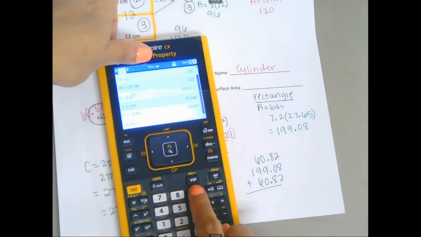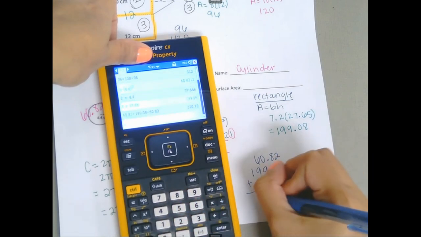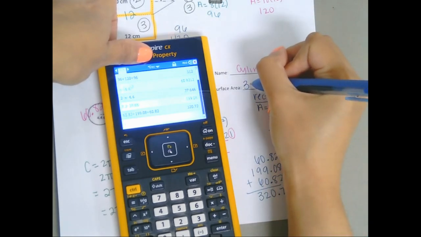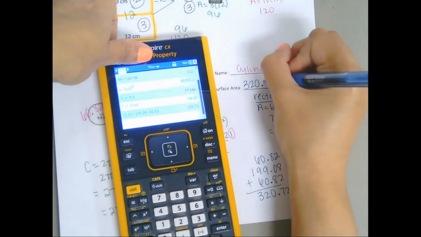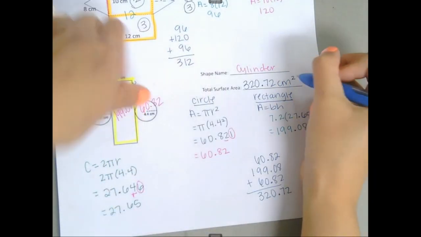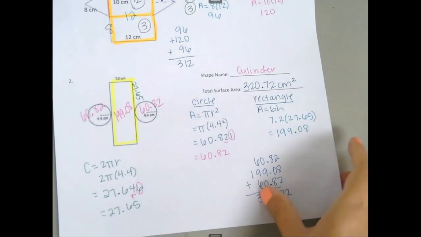So that's going to give me 320.72 as my total surface area. And these are also centimeters, and area is always squared.